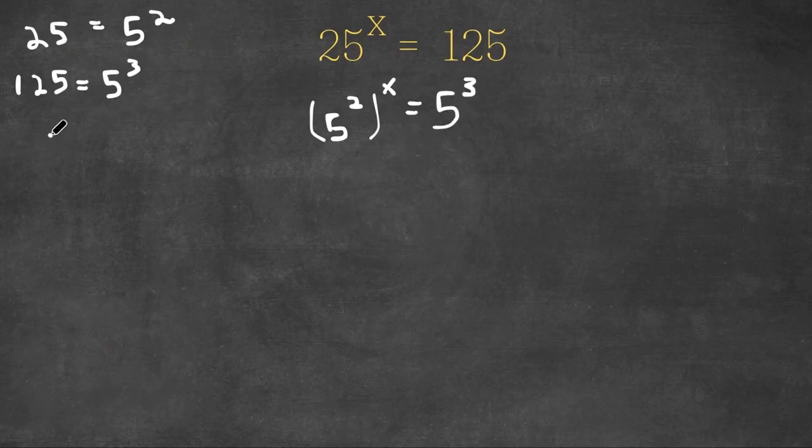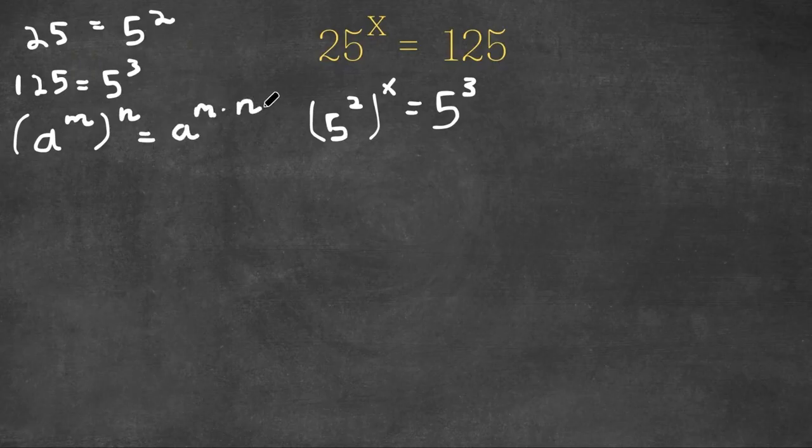Now, if we have something in the form a to the power of m, to the power of n, this is equal to a to the power of m times n.